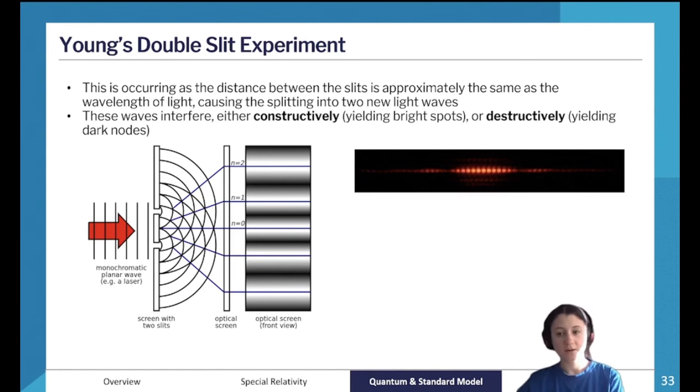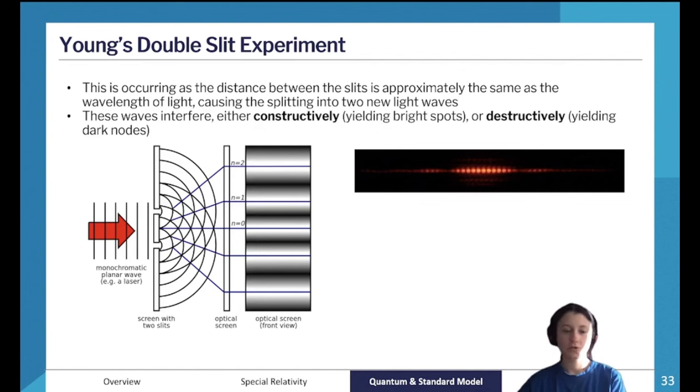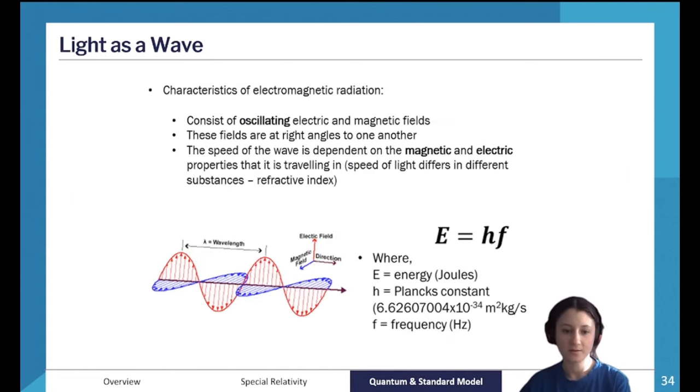Whereas if light had behaved as a particle, you would have just seen two big splotches behind there. So this is how Young's double slit experiment showed that light could behave as a wave.